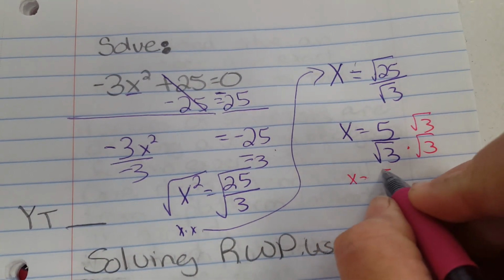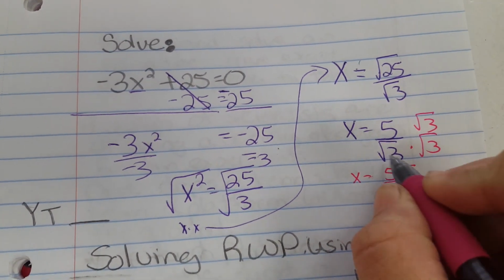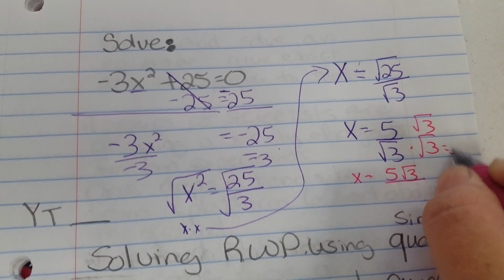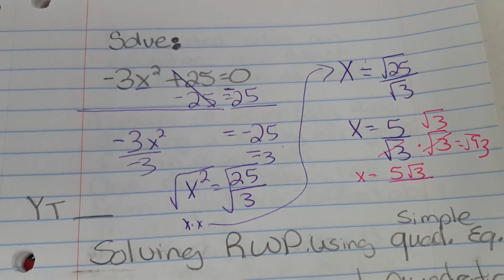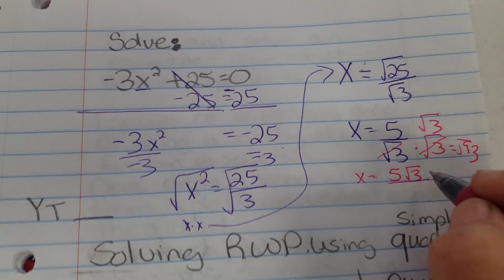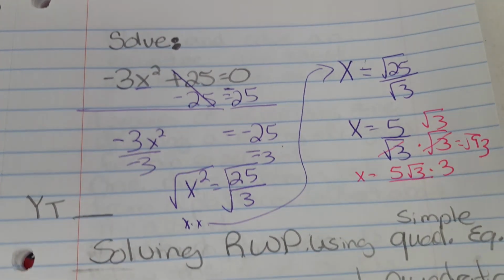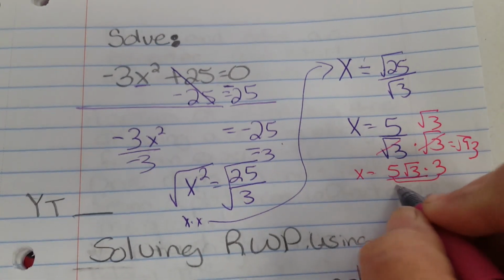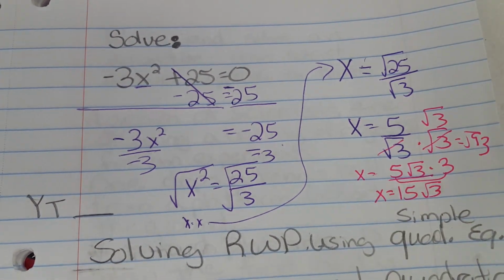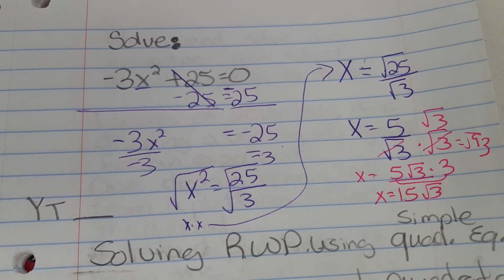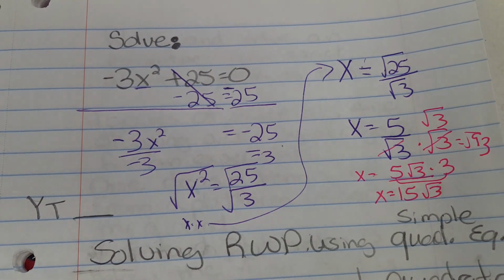So on top, we get 5 square root of 3, and on bottom, we either get square root of 9, which is 3, or we remember two things that are alike. So these are outside numbers, so 15 square root of 3 would be the final answer.